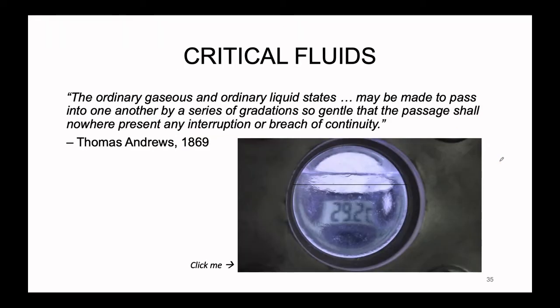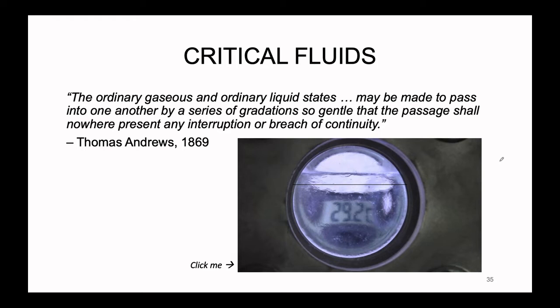All right, so let's talk a little bit more about these critical fluids. Thomas Andrews, a scientist who was working in the mid to late 1800s, he was one of the gas/fluid laws guys working along with Rudolf Clausius and Emil Clapeyron, was one of, if not the first scientist on record to observe critical fluids.